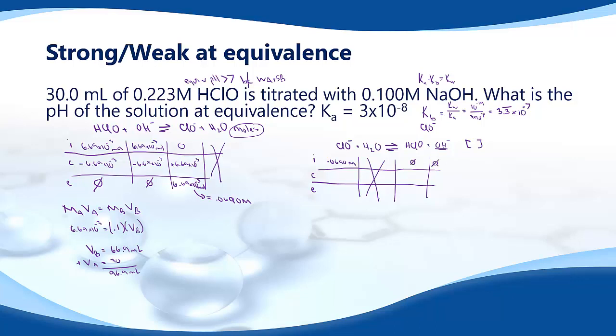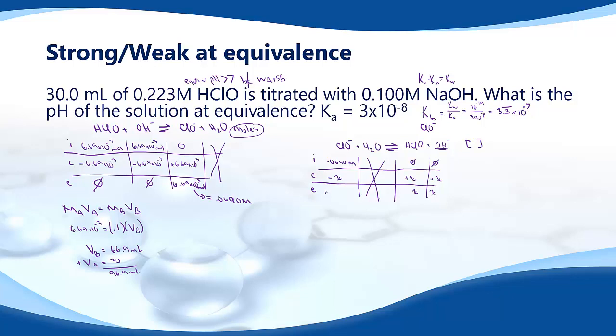Again, we initially start off with each of these. Remember Le Chatelier's principle, so we have no product, so the reaction is going to shift to form a tiny little bit of product. So we're going to have minus x, plus x, plus x. Same as always. We can make the same assumption, right? Because if you look at our value of Kb, the value of Kb is significantly smaller than the concentration.